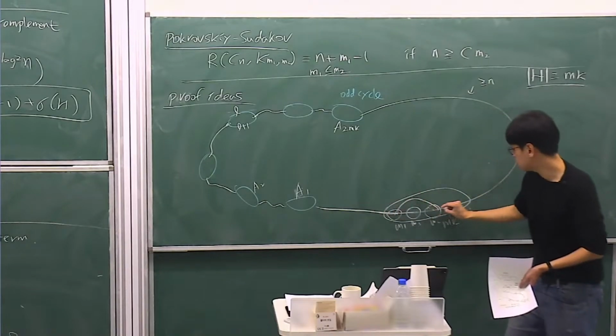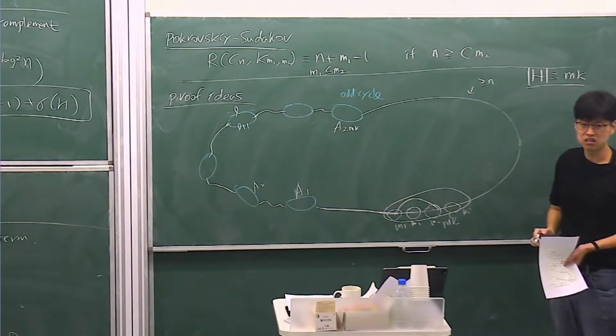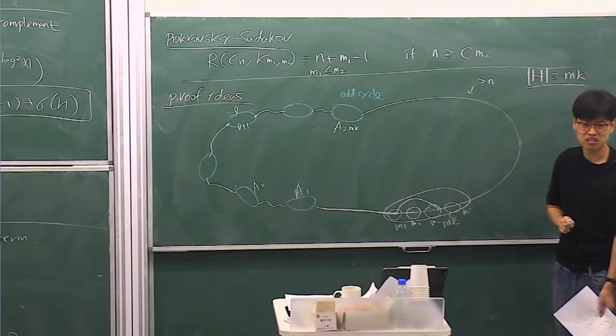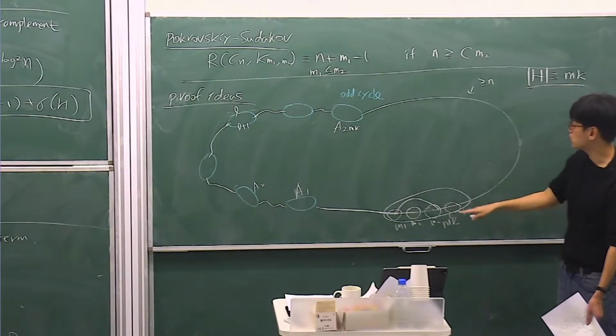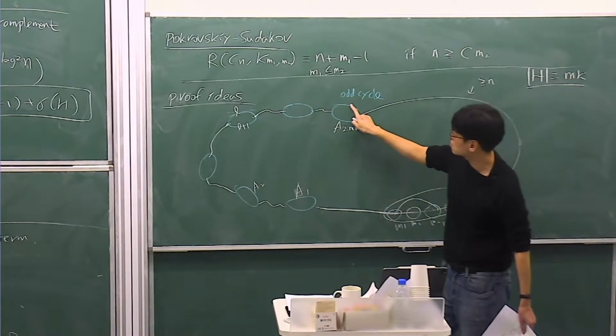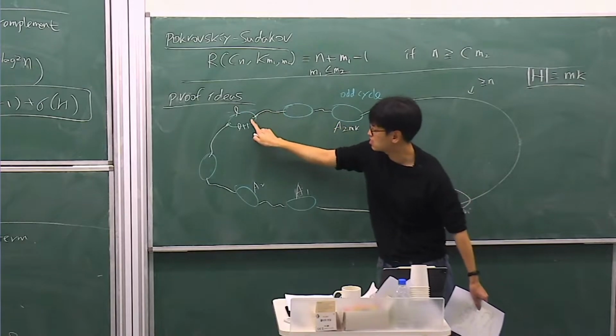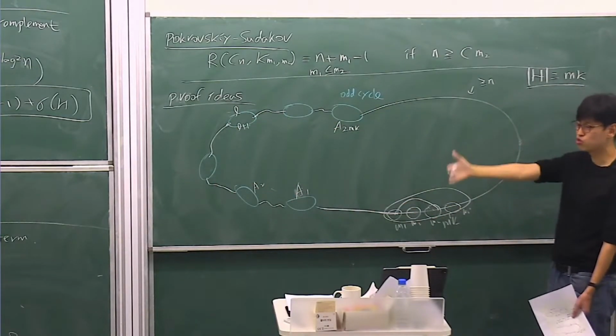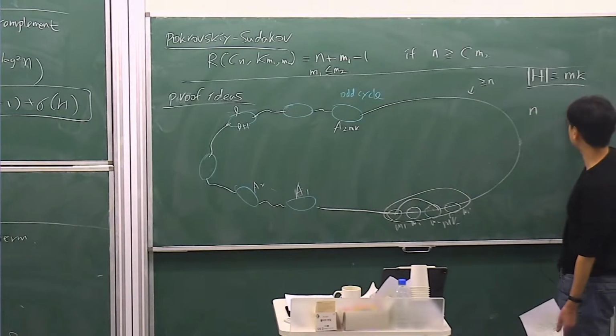Then you can shorten this cycle by an amount less than mk. So you can keep doing this until the cycle length here, let's say you always take the longer part and then measure the cycle length, is between n and n plus mk.